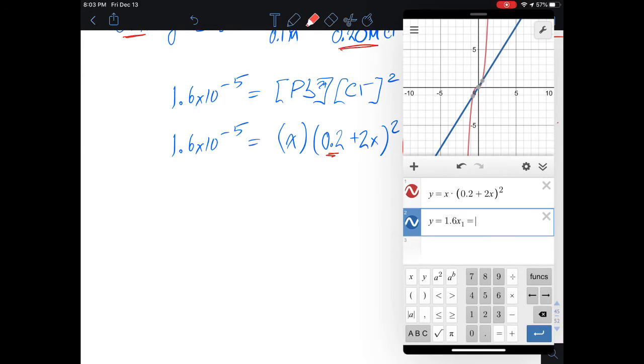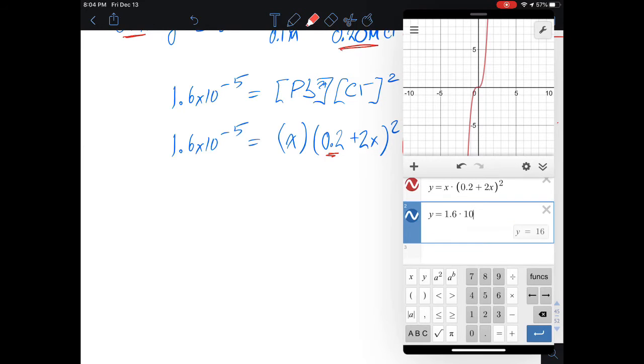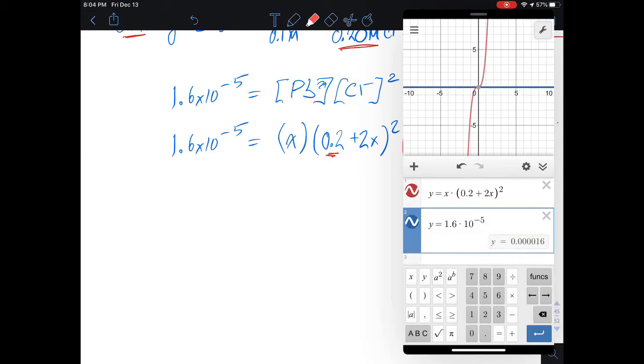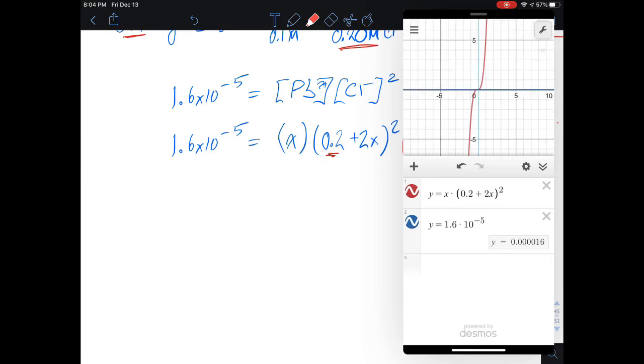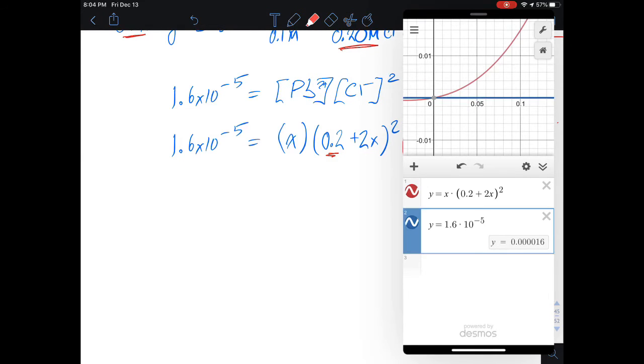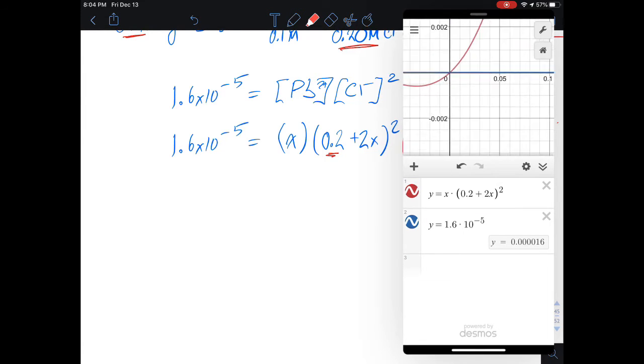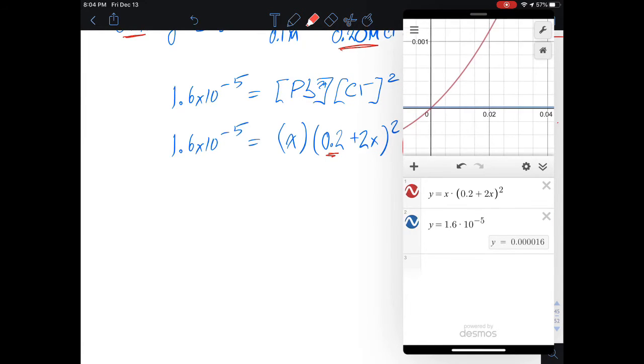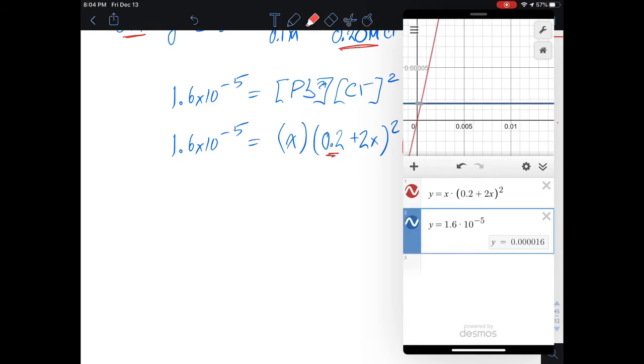Let's just try times 10 to the power of -5. Okay, that's better. And then we can just zoom in and find the intersect here. So the intersect there is, it looks like it's a 0.2. Oh, it's real small. This is what we're looking for, and that's 4, isn't it? 0.0004. So here, this is our answer.